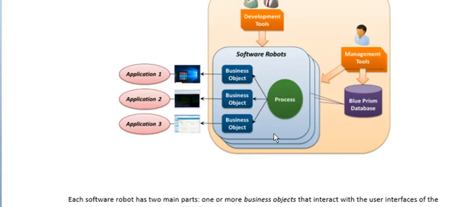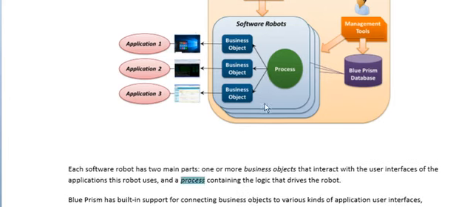Each software robot has two main parts. One or more business objects that interact with the user interface of application 1, application 2 and application 3.